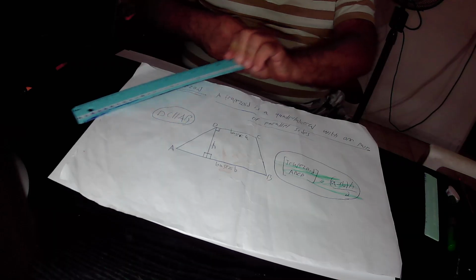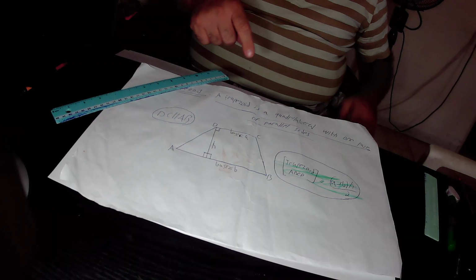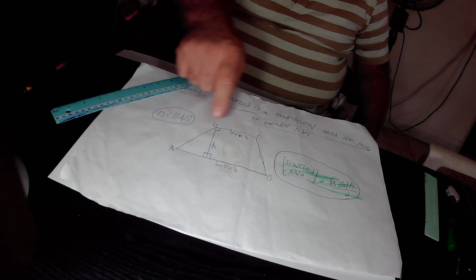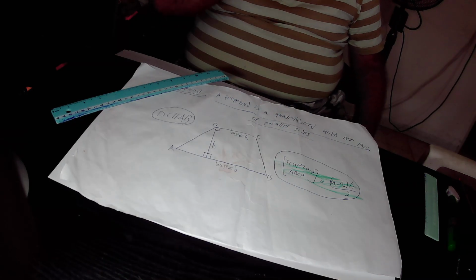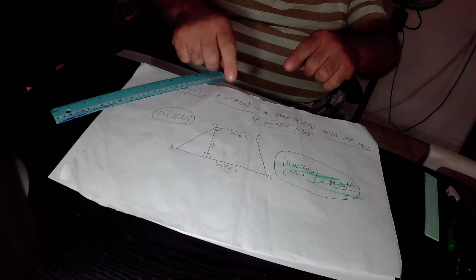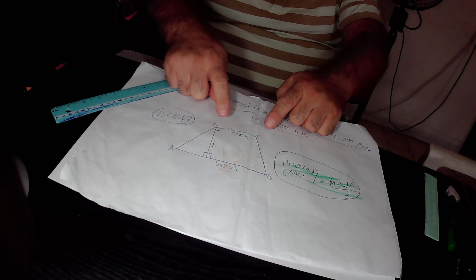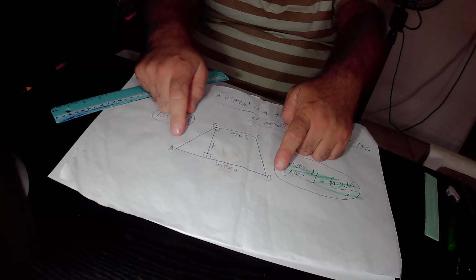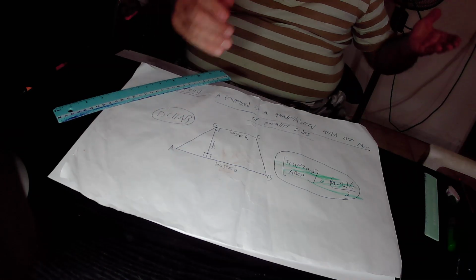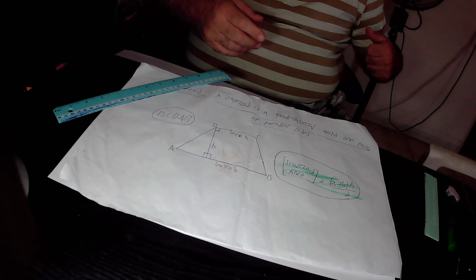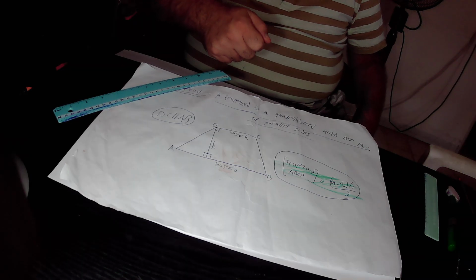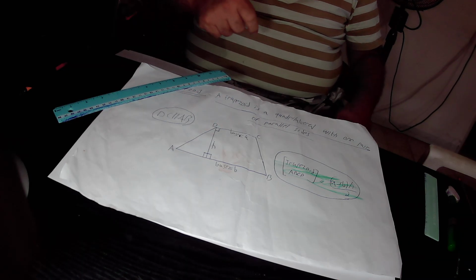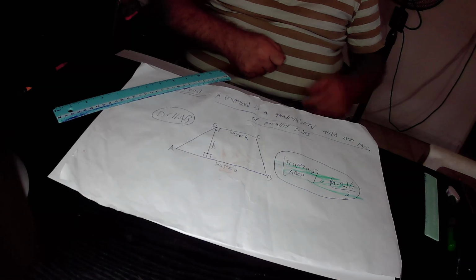In trapezoid ABCD, the two parallel sides, that is to say DC and AB, are defined as the bases of trapezoid ABCD. So if we define the length of the base DC as A and the length of the base AB as B, then the area of this trapezoid ABCD will be equal to A plus B, that is the sum of its two parallel bases, times the height over 2. The height must create 90 degrees with the two parallel bases.